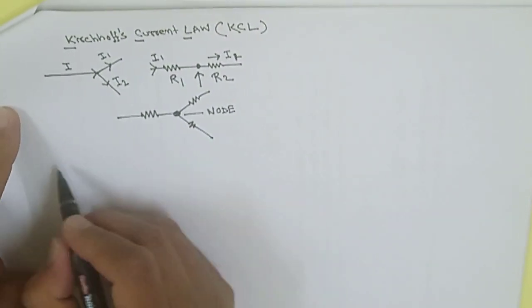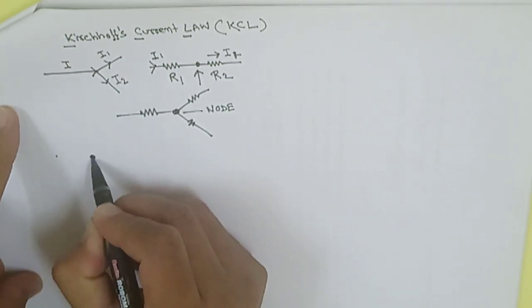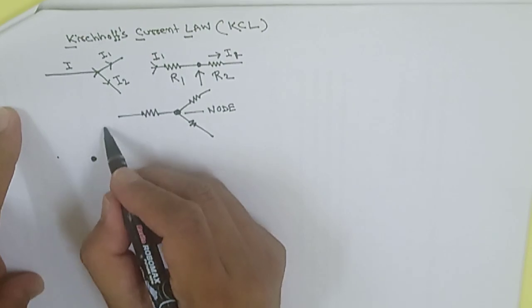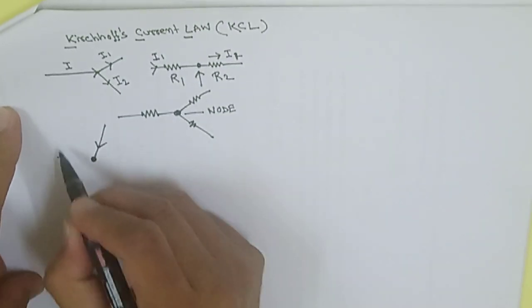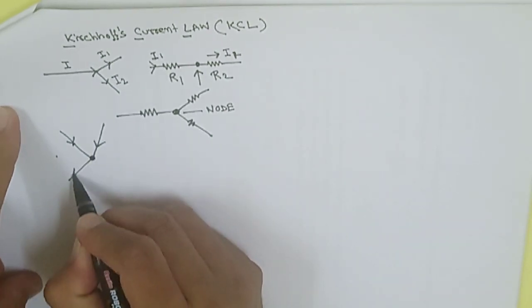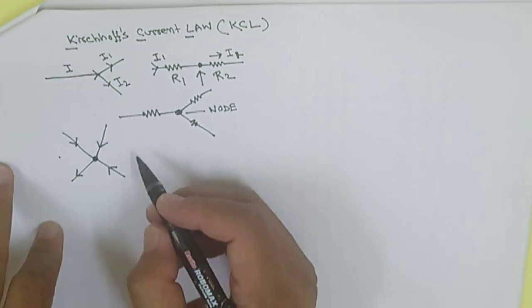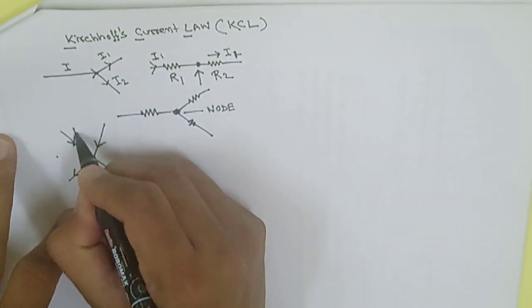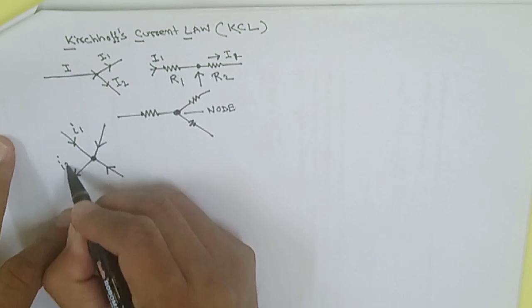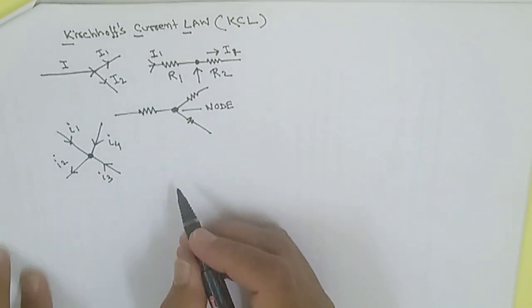What is the basic principle of Kirchhoff's Current Law? Suppose we consider a node point. From different portions of the circuit, currents are coming in and currents are leaving. Right now I put here I1, I2, I3 and I4.